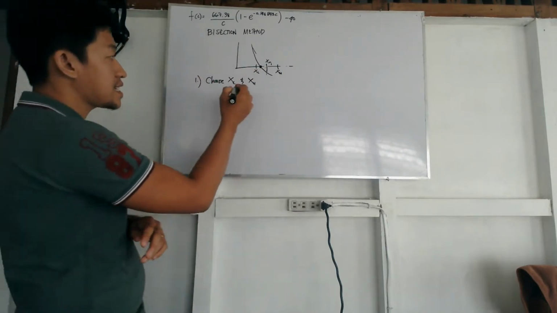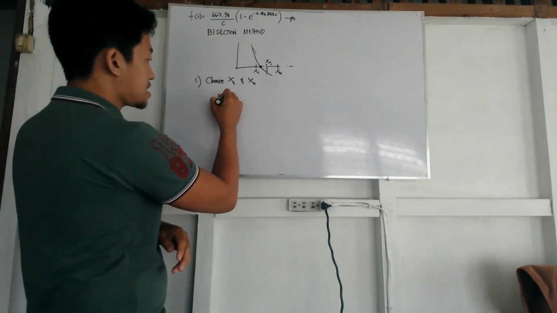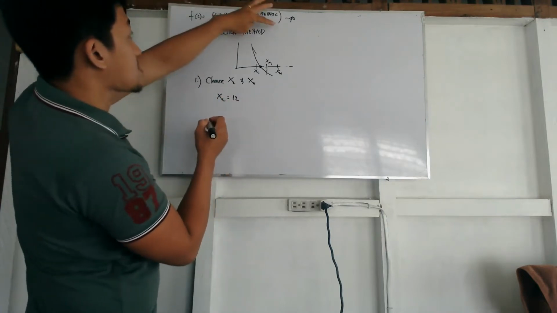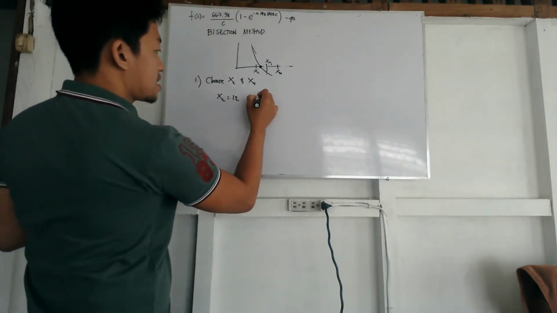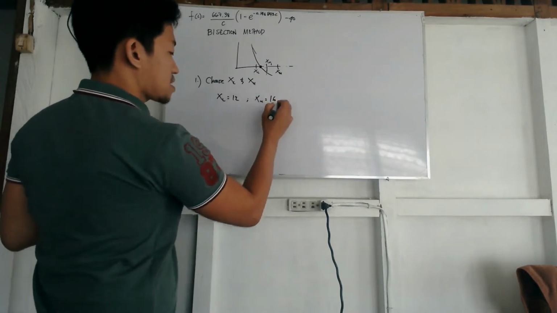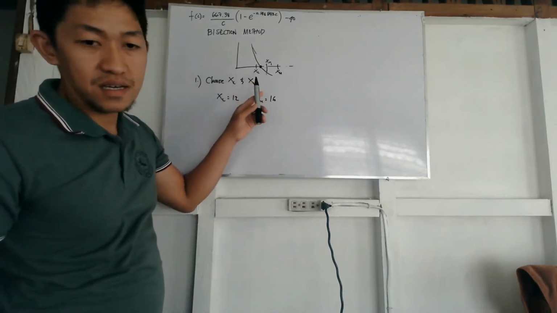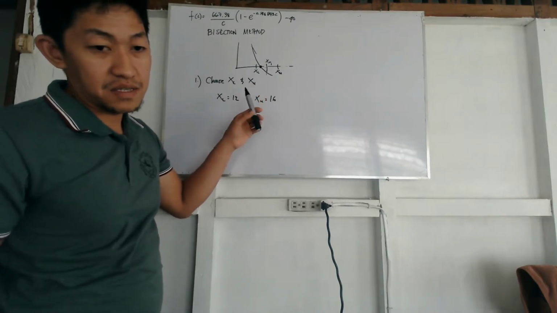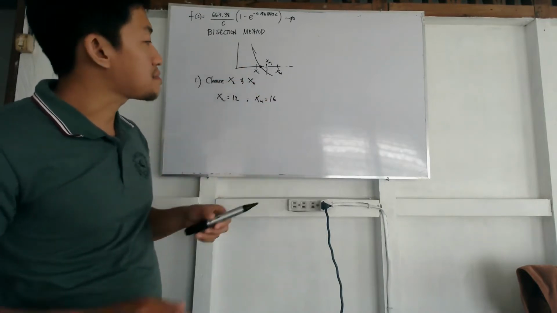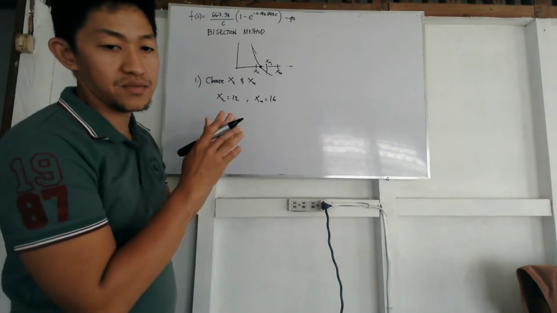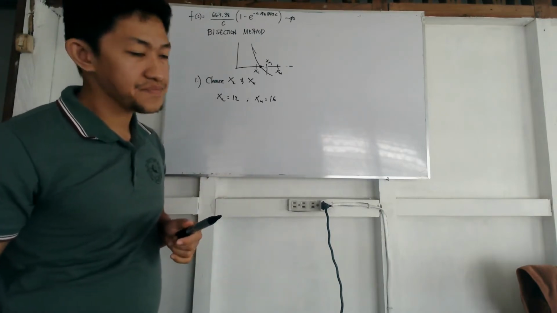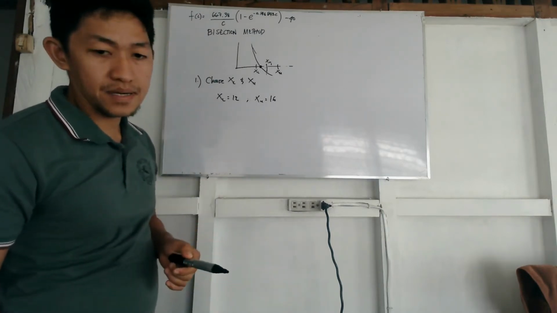In the case earlier, XL is equal to 12 for this equation and XU is equal to 16. It is better to graph the equation so that you can get the interval. That is the first step.